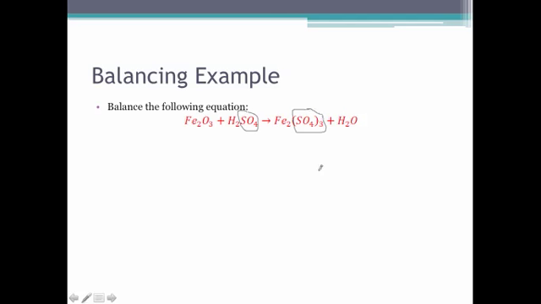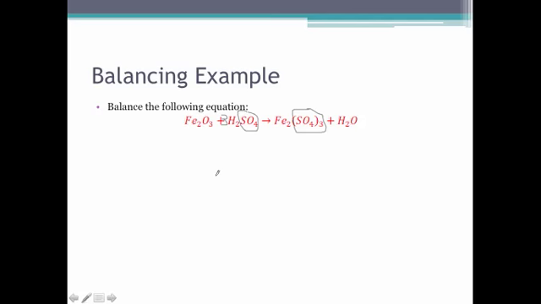So that's not balanced at all. But you can think, well, if I've got 3 sulfates here and 1 here, I could put a 3 here like that. Now, it still mightn't be balanced, but you're on the way.